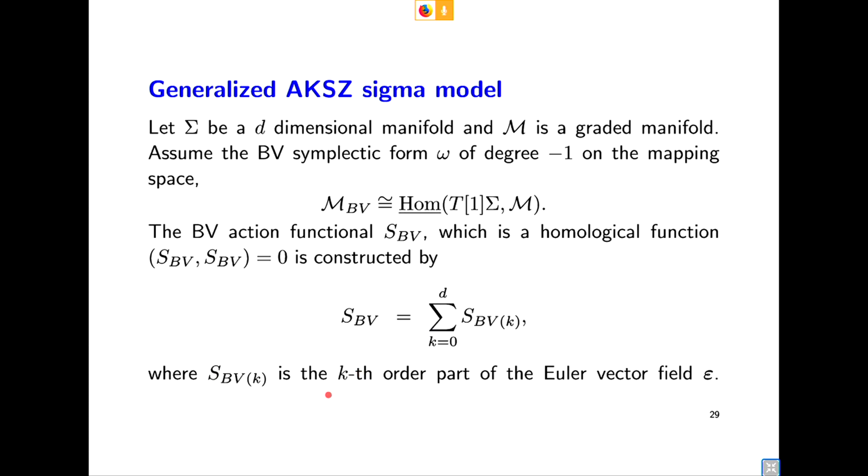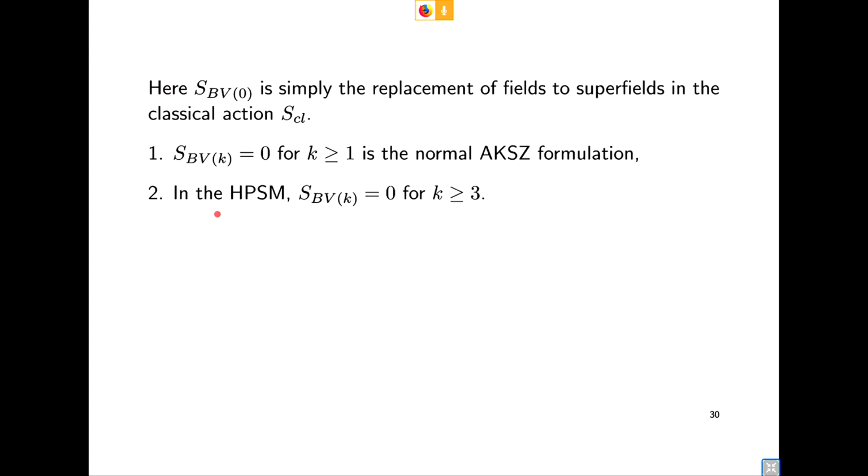where S_BV^k is the k-th order part of the Euler vector field epsilon. If S_BV^0 is simply the replacement of the fields with superfields in the classical action, this is the simple replacement of the classical action. This is the normal one. If S_BV^k equals 0 for the higher terms, it is a normal AKSZ formulation, but it is not the general case.